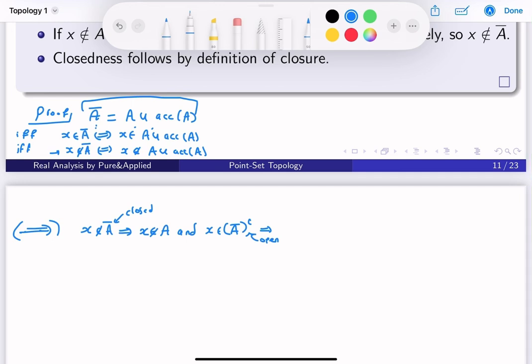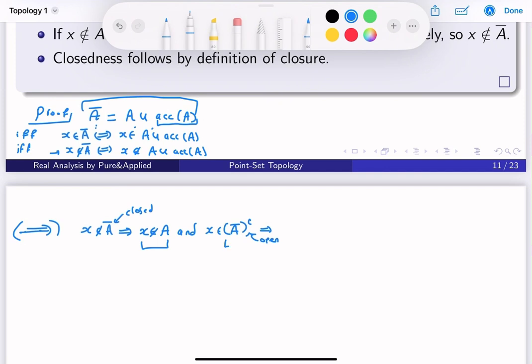What do we have so far? We have that X is not in A, and we're just trying to show that X is not an accumulation point of A. But what is an accumulation point of A? X is an accumulation point of A if and only if every deleted neighborhood of X intersects A, right?